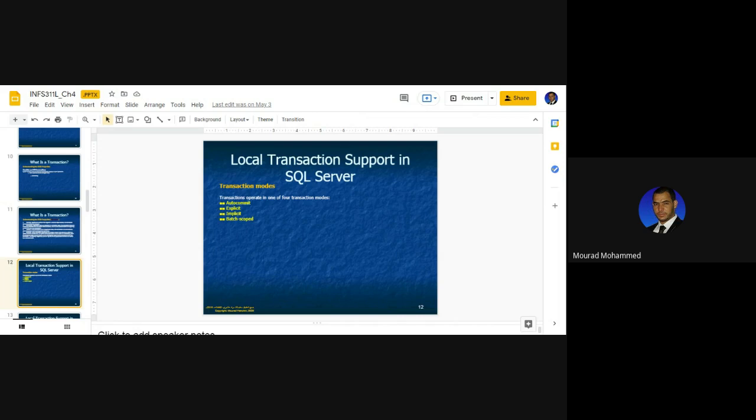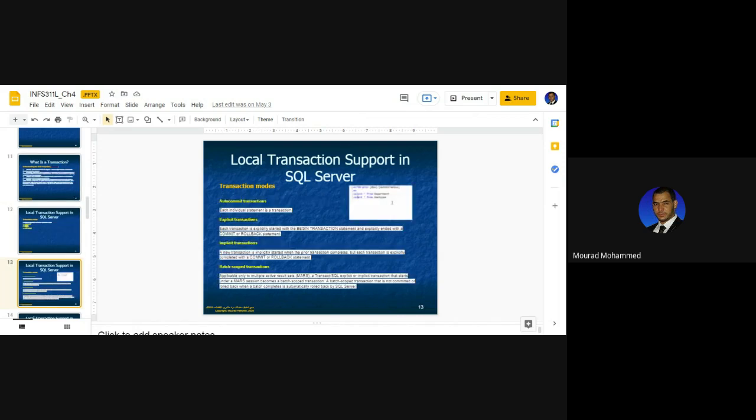There are four modes. There are four transaction modes. Here we can see them. Let's discuss them briefly. The first one is the auto commit transaction, and here we see a transaction with one standalone statement. Means it has only one insert or one select or something like that.